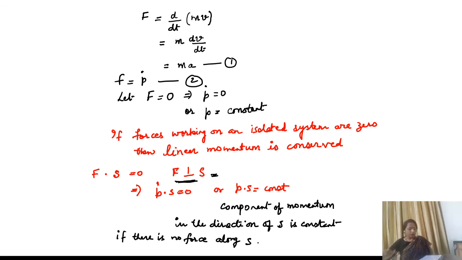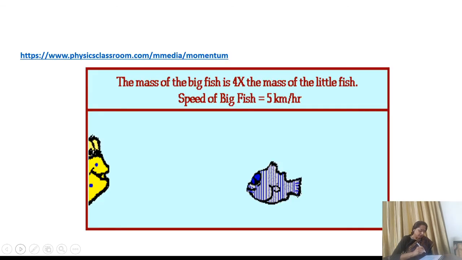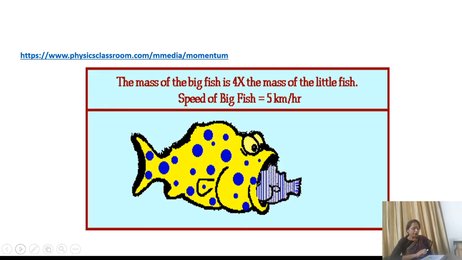So this is the conservation of linear momentum.